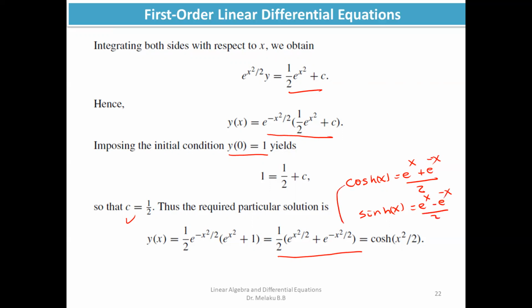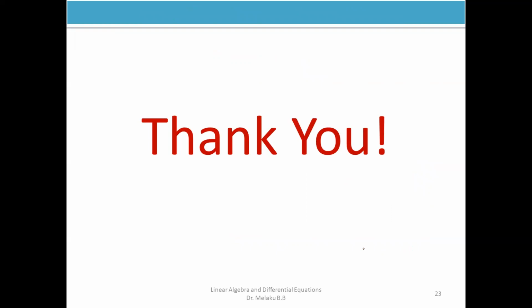Here the difference is x squared over 2 instead of x. That's why it is cos hyperbolic x squared over 2. Therefore, the general solution is simply cos hyperbolic x squared over 2.